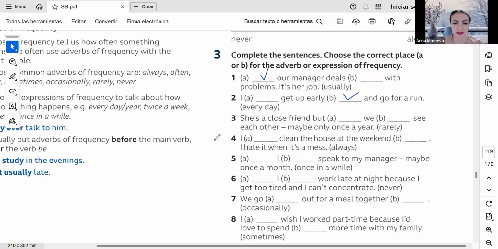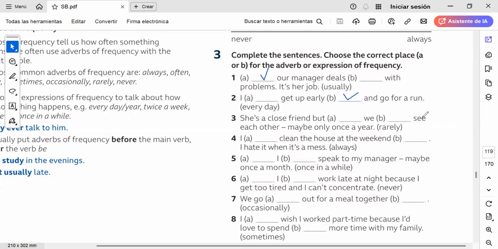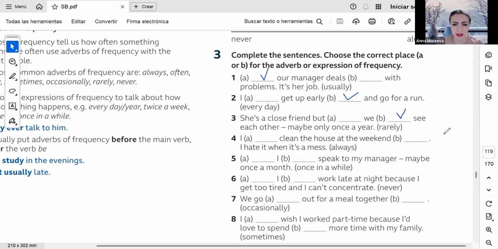Yeah, it's letter B. Number 3, really. She's a close friend, but we really see each other. B. That's right.